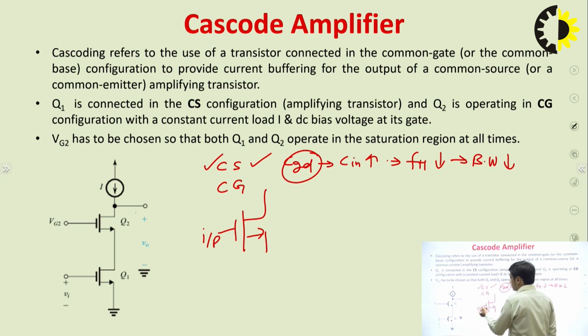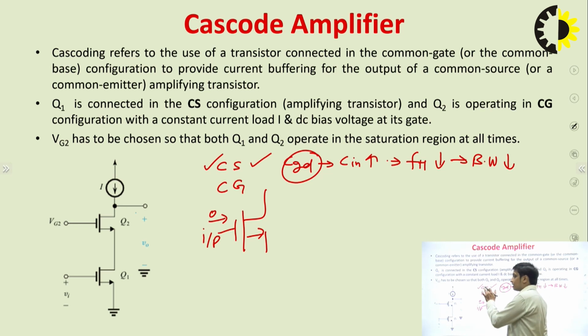So we know that this gate current Ig is equal to 0. That's why the input resistance of common source amplifier is very high, and for voltage amplifier it is very much desirable that the input resistance should be high. That is the advantage. And another advantage is transconductance is higher for common source amplifier.